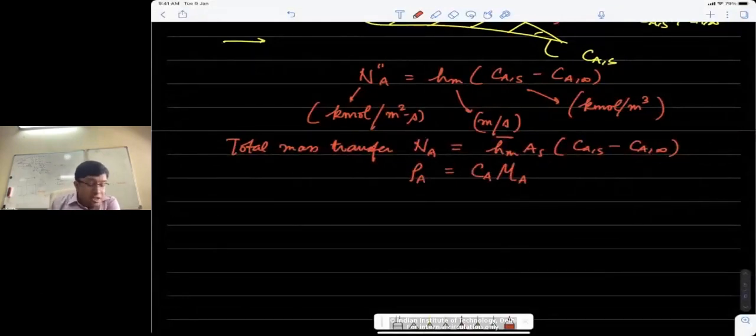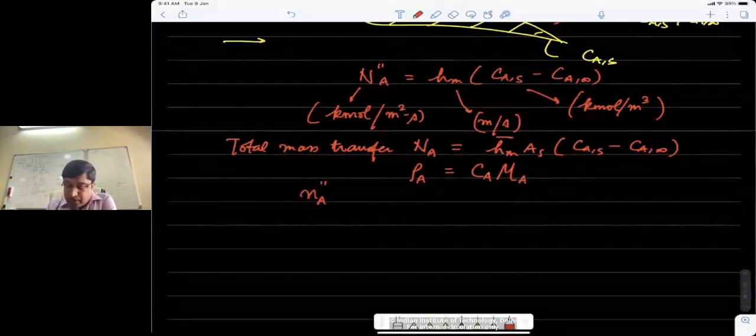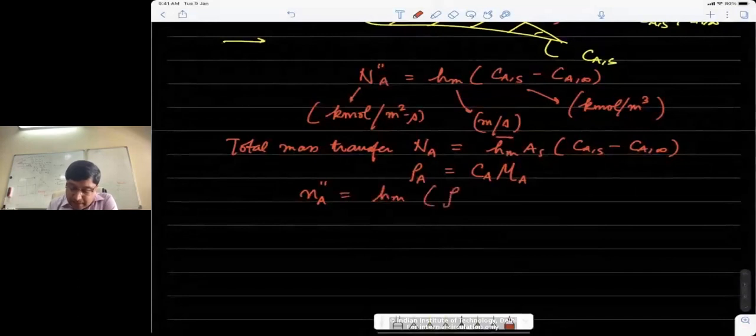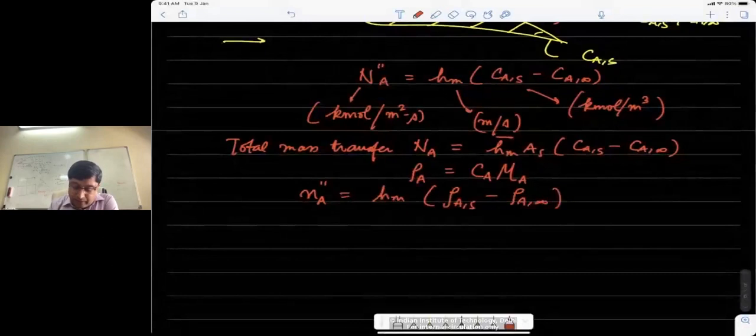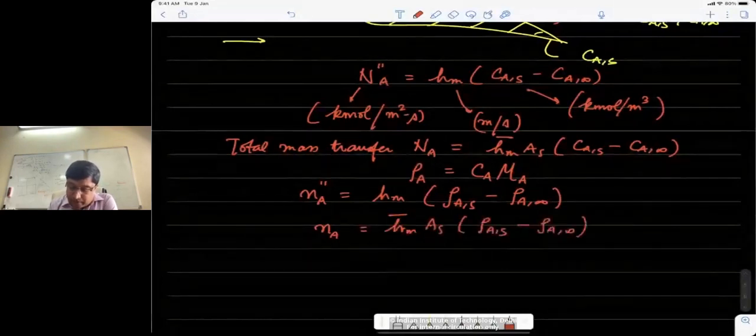And so the mass flux, which I will write as small n now, in terms of mass density, where rho is the mass density, I can write as h_m, the constant of proportionality remains the same, except now we will have rho_A,s minus rho_A,infinity, and the total mass transfer will be h_m bar A_s times rho_A,s minus rho_A,infinity.